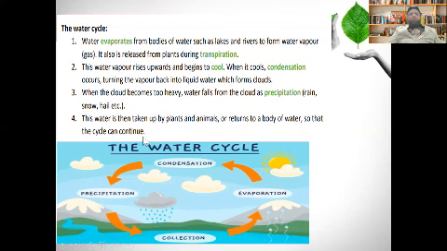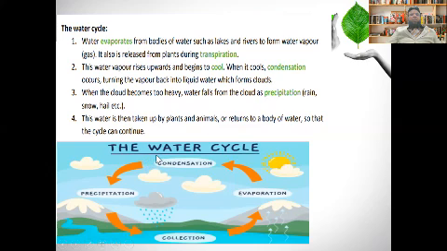cycle can continue. As you can see here in the diagram, the water is evaporated from the wetlands, like the oceans, rivers, lakes, and this water, converting to vapors, makes the clouds.